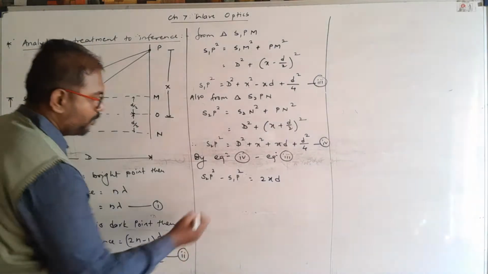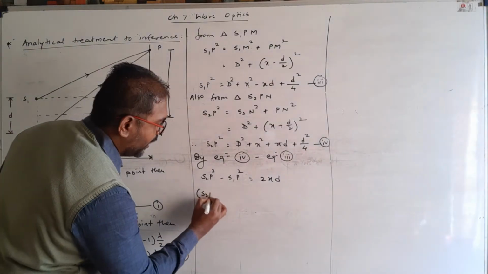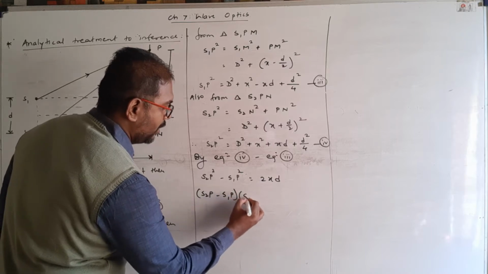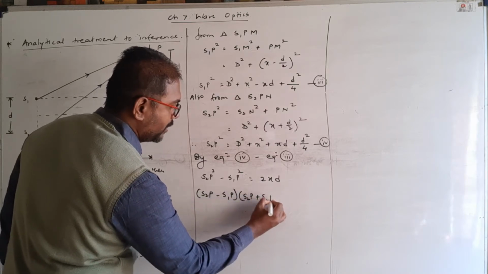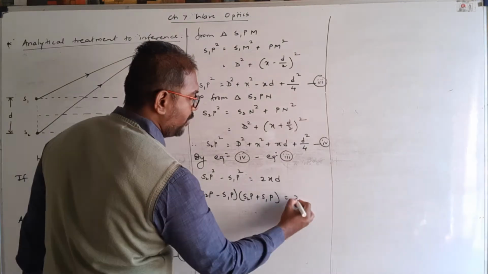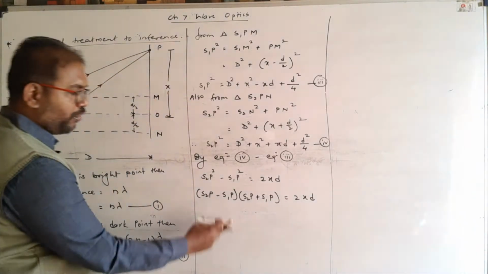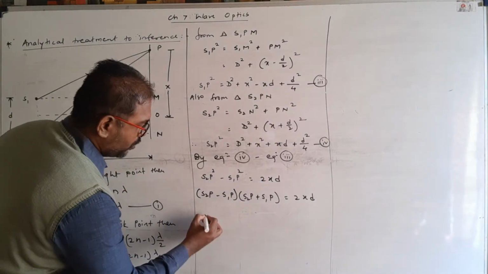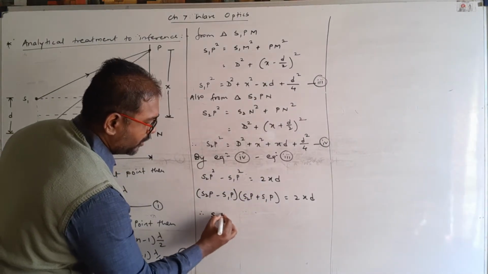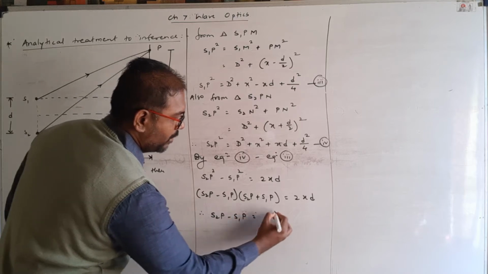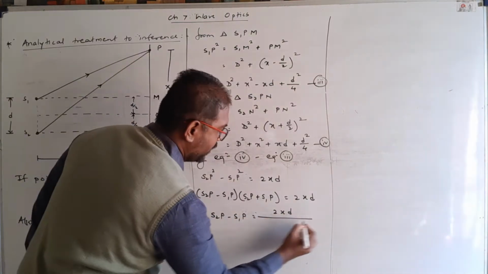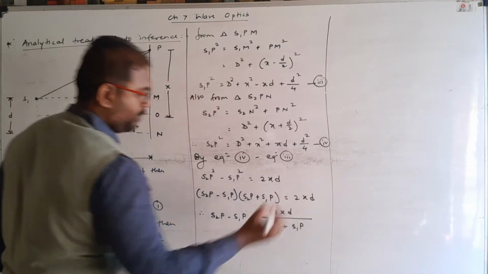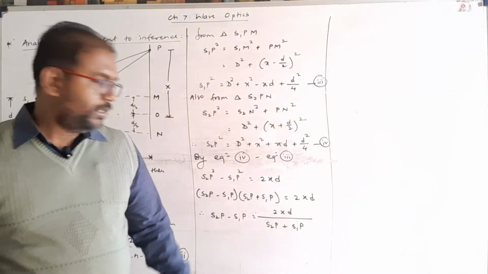So by using that, we can write S2P minus S1P in a bracket, another bracket S2P plus S1P, is equal to 2XD. We have to find this term, so we transfer this bracket to that side. Hence S2P minus S1P is equal to 2XD divided by S2P plus S1P.